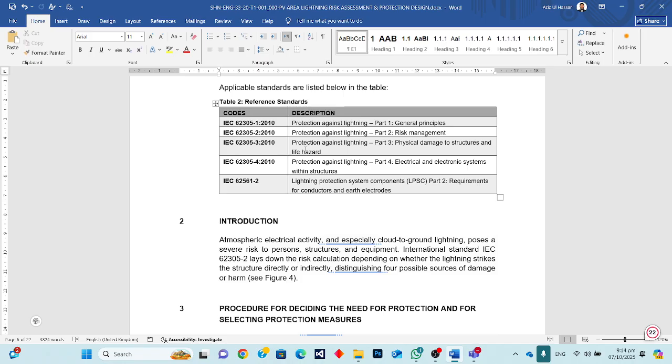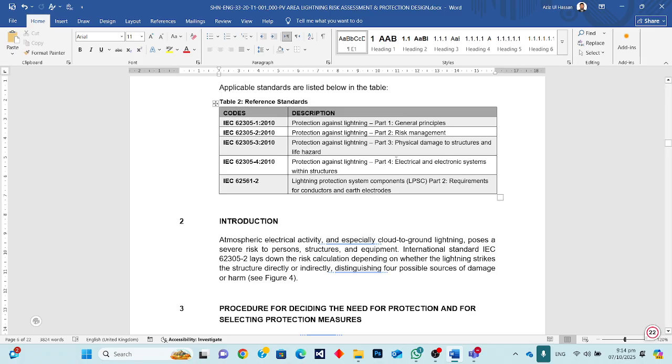So we have to try to limit class 4, so that our risk will be within tolerable limits when we give the class 4 protection study.